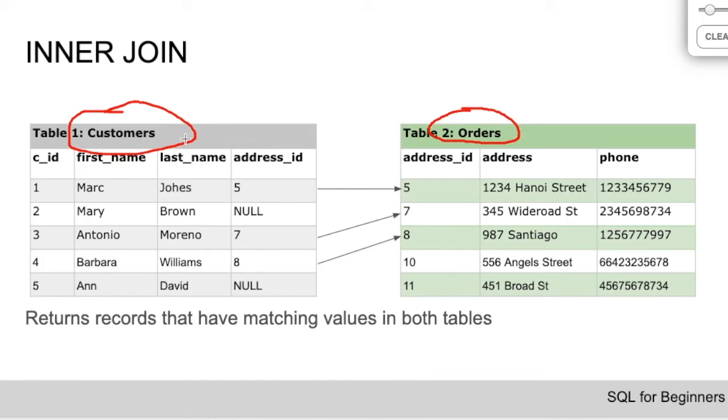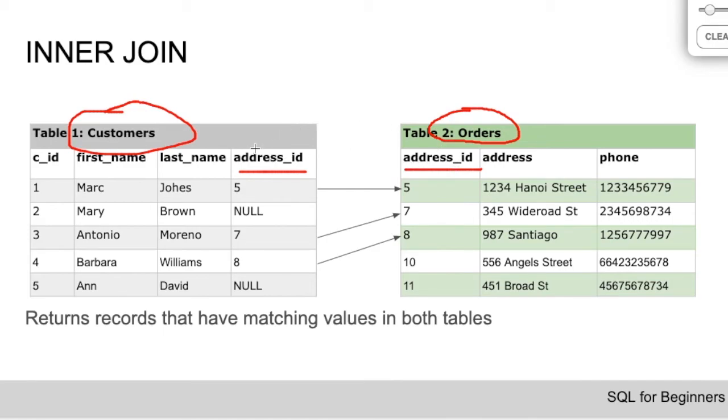As you see, these tables are different and both contain certain types of information, and you may notice that we have a common field called address ID here and also address ID here. In a real database, the names of the columns are not always the same, so they might be different.